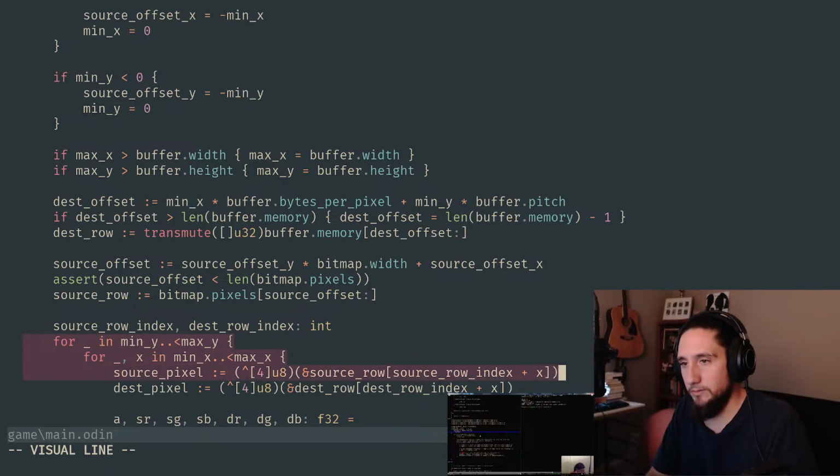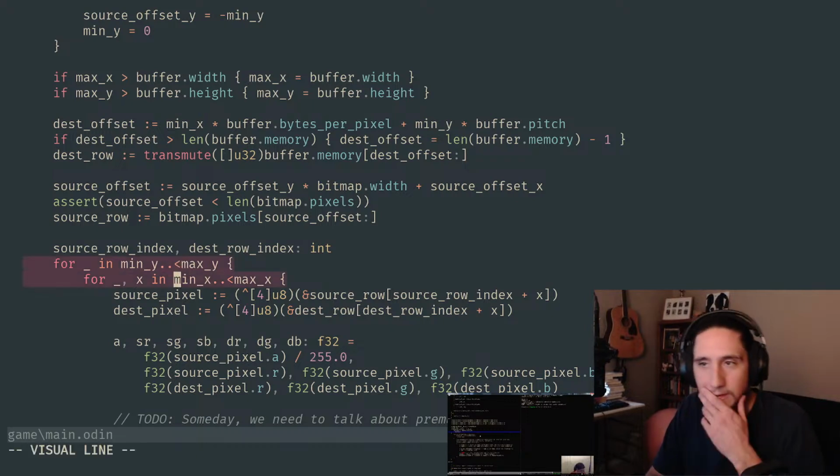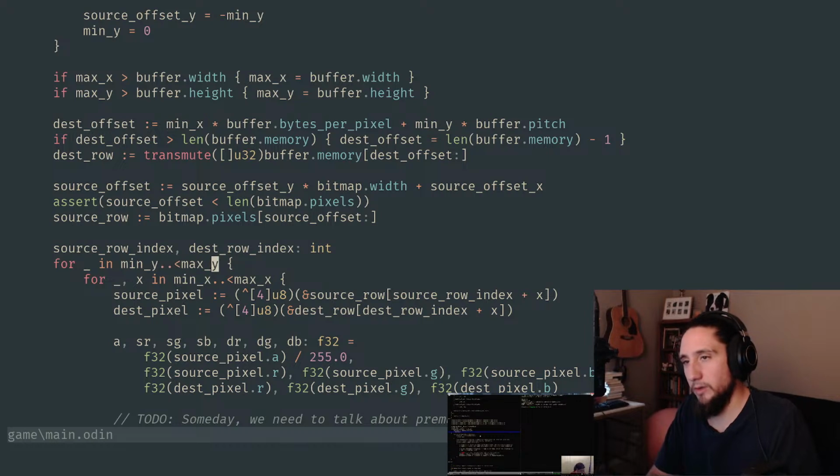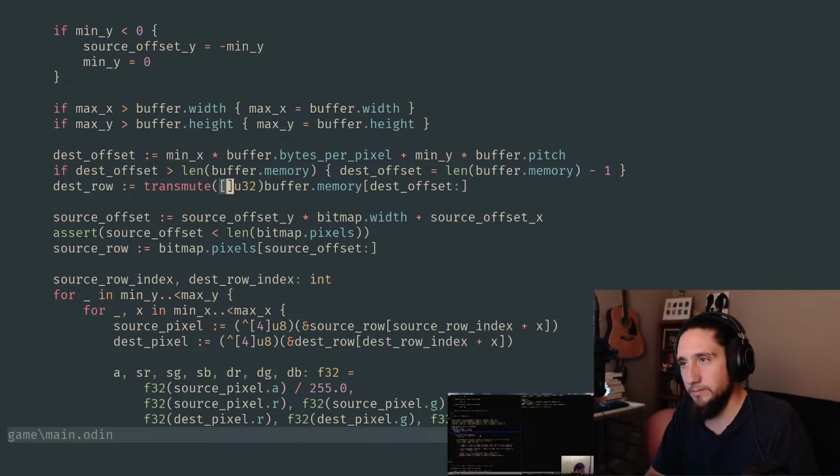Well, maybe it would. I don't know, this is still probably the wrong way to think about this. Yeah, it wouldn't, because min y would be greater than max y, and min x would be greater than max x. So actually, that's fine. So we would just calculate this and then not use it.